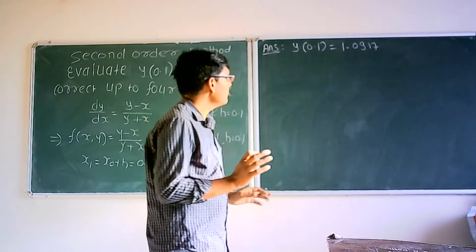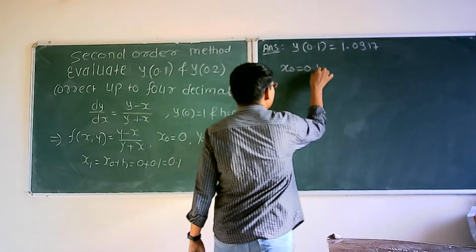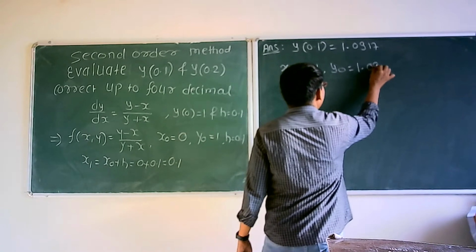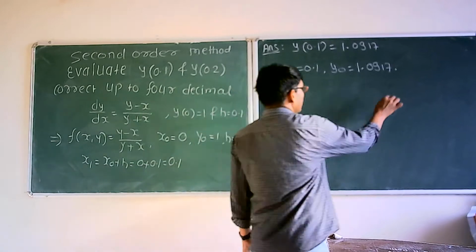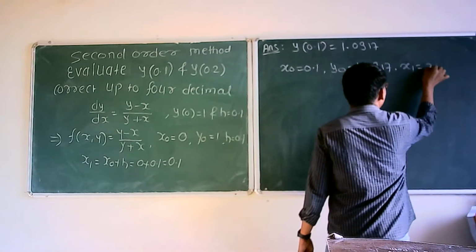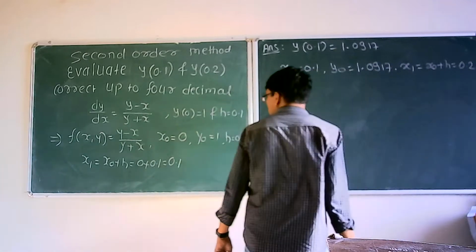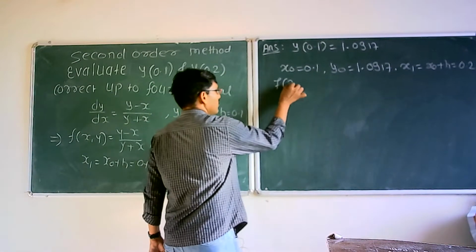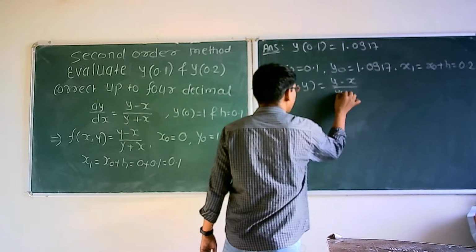Here x0 is equal to 0.1, y0 is equal to 1.0917. Then what is x1? x1 is equal to x0 plus h, so it is 0.2. Then f of x, y is equal to (y minus x) divided by (y plus x).